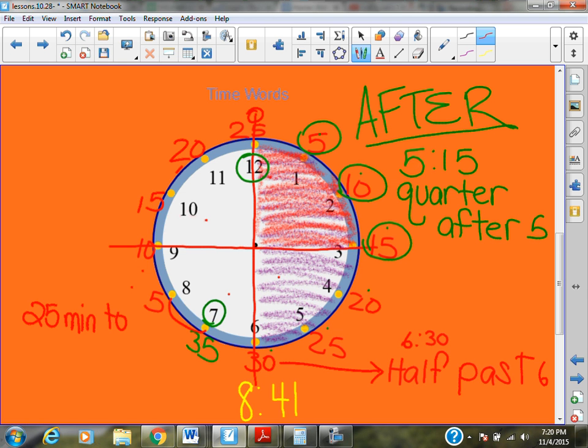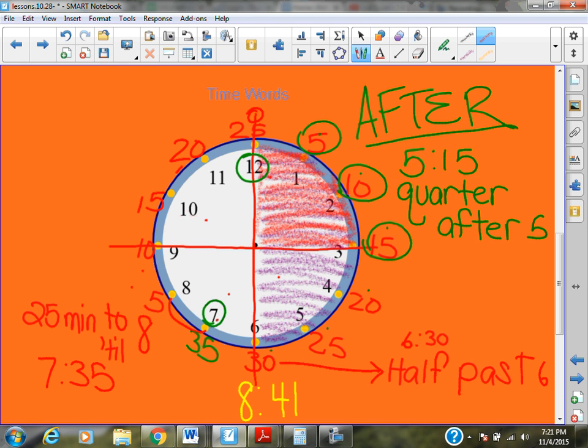Some people might use the word till 7 or 8, because that's the next hour. If the hour is 7 and then they want to go to 8, they might say 25 minutes till 8. That's also the same time as 7:35. Some people might use the word after, but not likely.